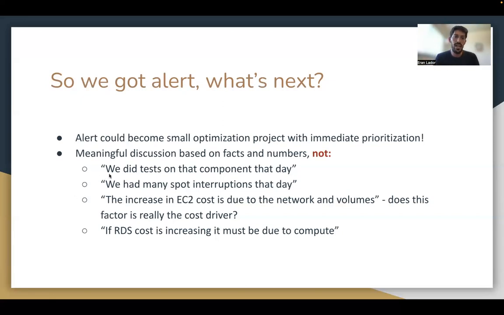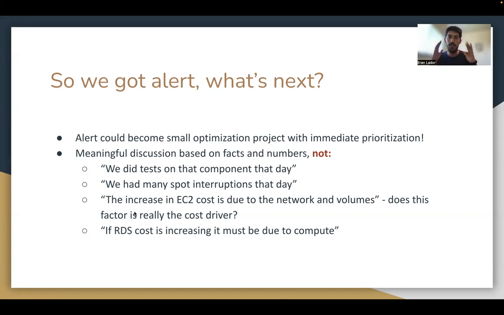And so it might look like, yeah, we did test on that component on that day. So yeah, it might explain. And then you want to double down on that, or they blame the spot instance interruptions and then don't really look at what you want them to look at. So that's another issue.